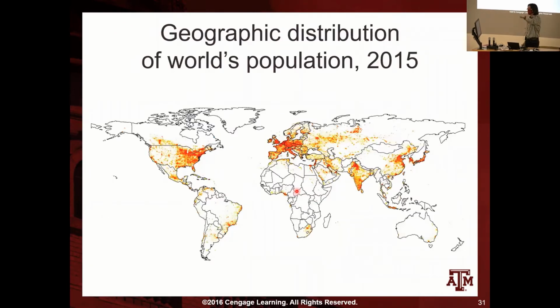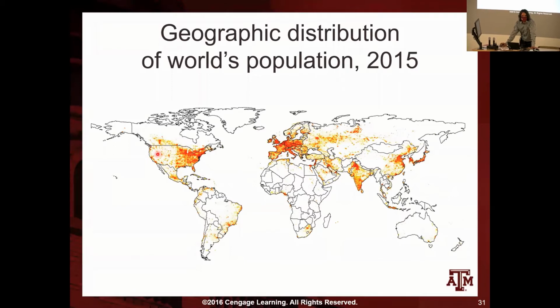And this is the demographic distribution of the world's population, just to show that people are not randomly distributed across the world, and they're not randomly distributed within countries. So we see that the east half of the US has a higher population than the west half.